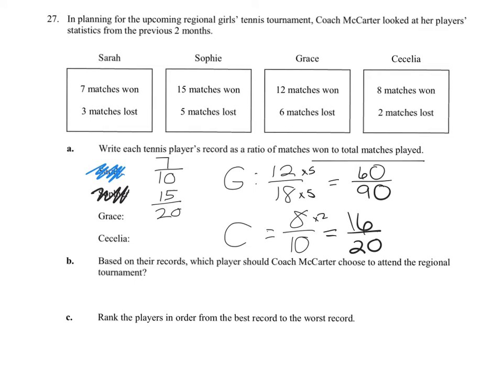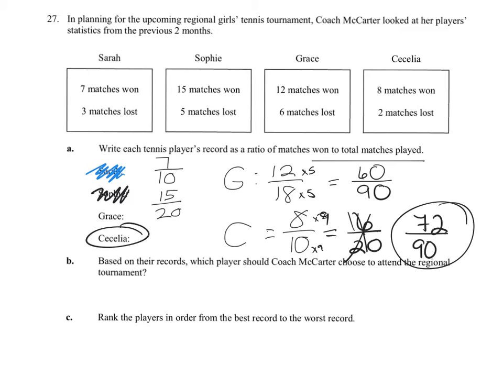So we can go back to the 10 because the 20 is not going to go to 90. 10 times 9 is going to give me 90. And 8 times 9 is going to give me 72. So we can clearly see that Cecilia had the best record. So she should be the one that the coach picks.